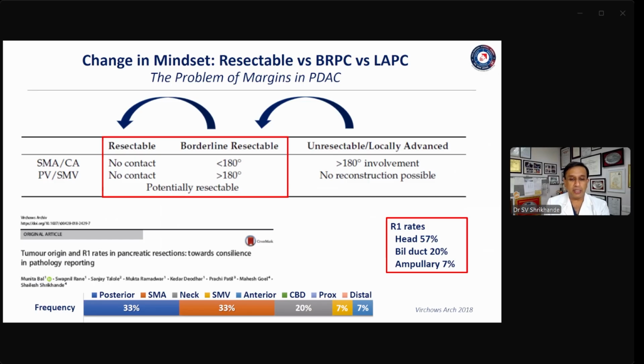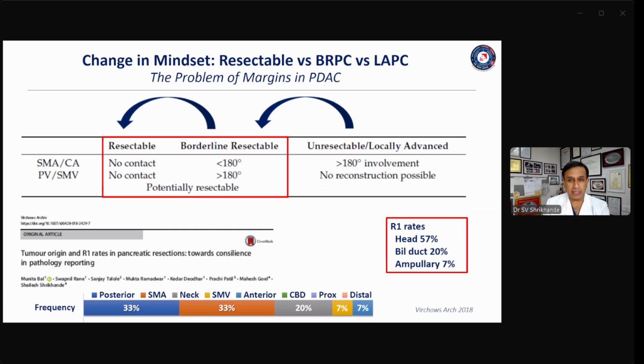You see the number of R1 resections: the posterior margin 33%, the SMA margin 33%, the neck margin 20%. At the end, a pancreatic head cancer has an R1 resection rate of 57%, and even smaller tumors like ampullary have an R1 resection rate of 7%, though you will feel that they are all R0 on the operation table.